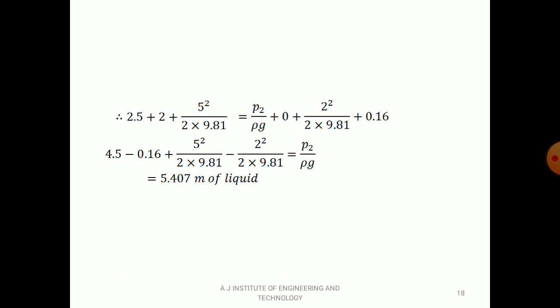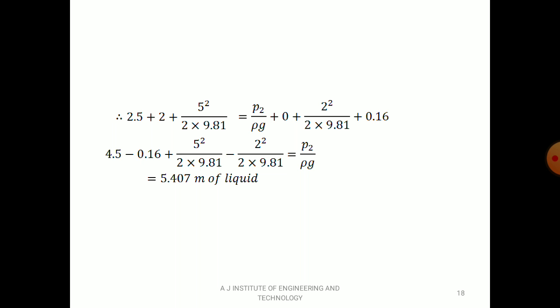Don't substitute for rho g, because here we require the pressure head at section 2. If you substitute rho as 1000 and g as 9.81, you will end up with the P2 pressure value, and then again you need to calculate P2 by rho g. To avoid that, just calculate P2 by rho g here without substituting for rho and g. And Z2 is 0, so plus 0 plus 2 square divided by 2 into 9.81.